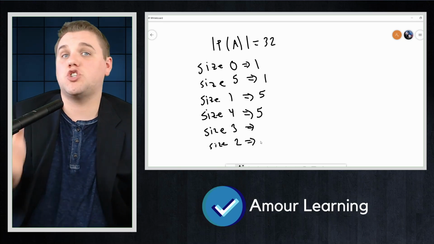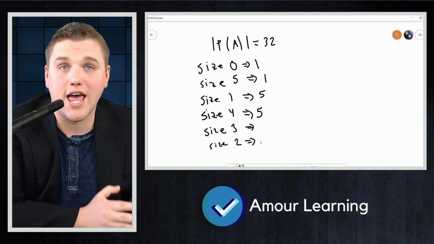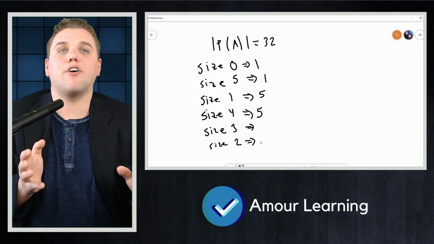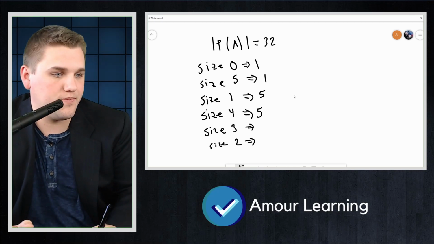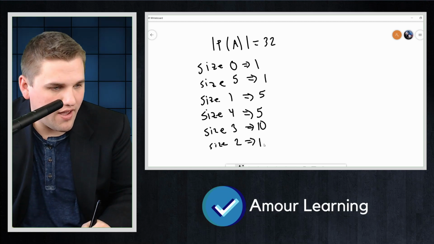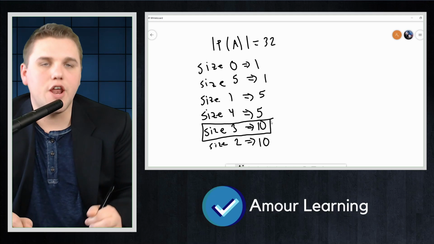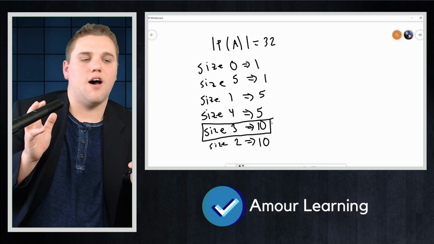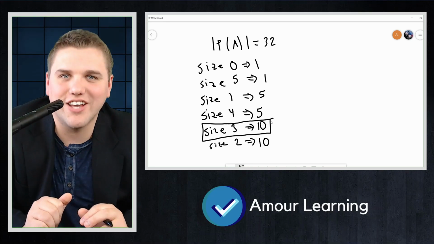So the number of 2-element subsets is equal to the number of 3-element subsets. Together, there are 20 of these subsets, so 10 each. And that's another way we can show the number of subsets of size 3. Anyways, thank you so much, and I'll see you in the next lecture.